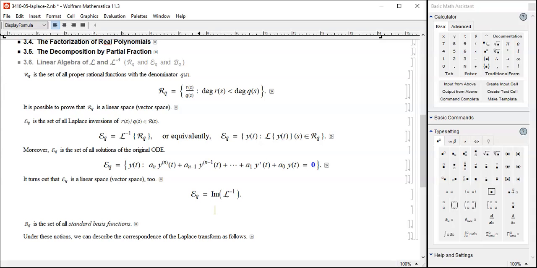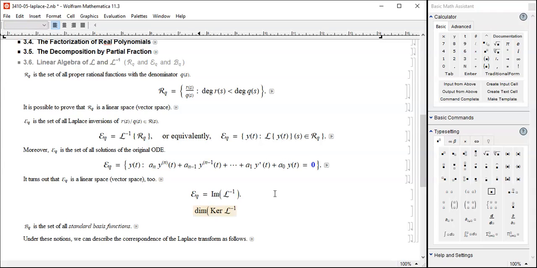And then also, look at this: dimension of the kernel of the Laplace transform plus dimension of the image of the Laplace transform has to be equal to the dimension of the original space, RQ. This comes from the rank theorem. And then, what is the dimension of the kernel here?